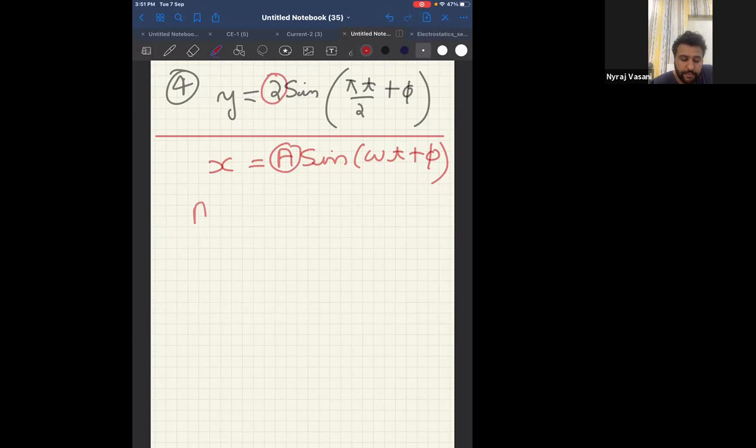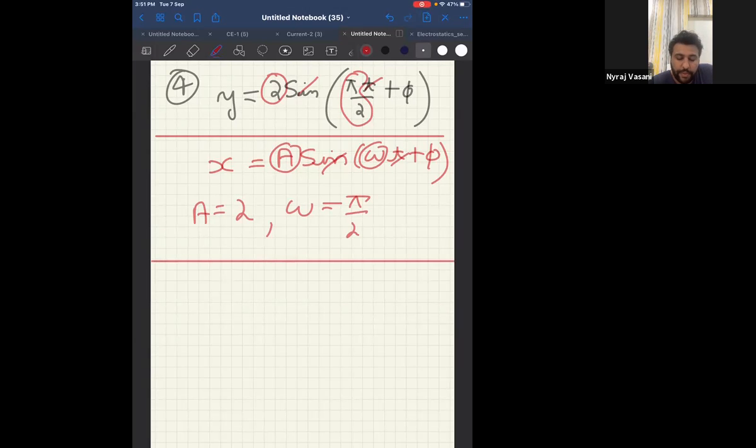First thing, sine and sine is there, t and t is there. Can I also compare omega as pi by 2? Omega is nothing but pi by 2. So A is equal to 2 and omega is equal to pi by 2 and phi is the same.